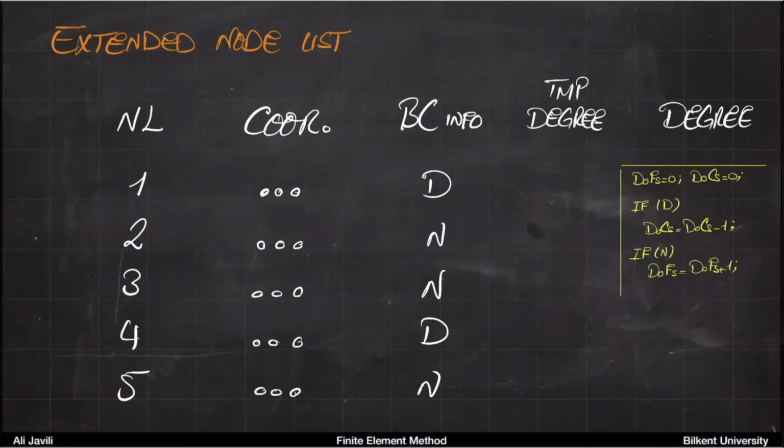So you come to node 1, and then DOC is 0. It's Dirichlet, so your temporary degree would be -1. Then the next one is node 2 is Neumann, so temporary degree would be +1, or DOF basically +1. Then 2, then -2, and 3.